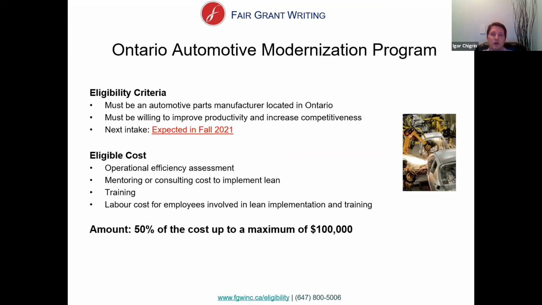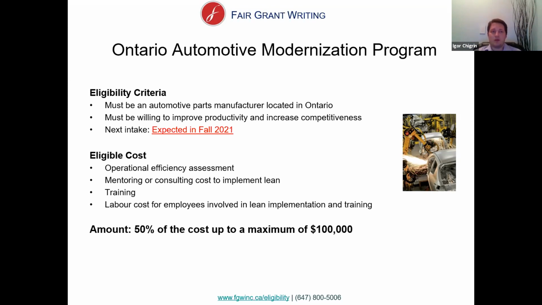Another program, unfortunately, is not available right away. We'll have to wait until the fall, so we have a chance to enjoy the summer. If your business is in the automotive sector, if you are an automotive parts manufacturer or a value-added service provider to automotive parts manufacturing, such as coating and finishing, you may qualify for the Automotive Modernization program that's available here in Ontario.